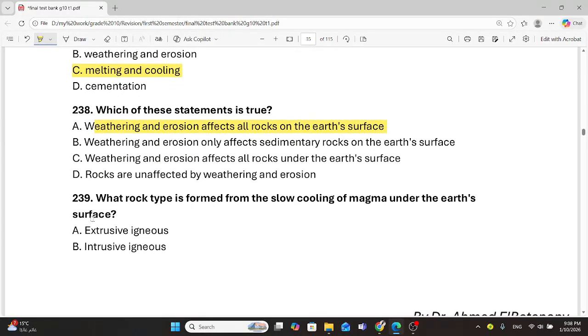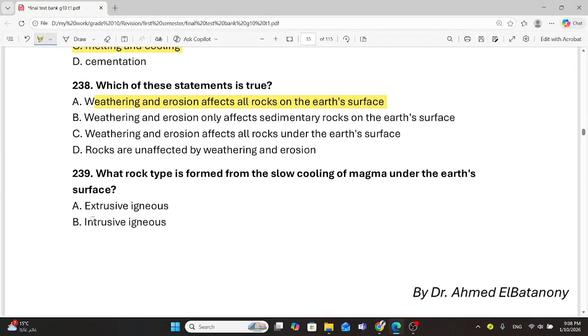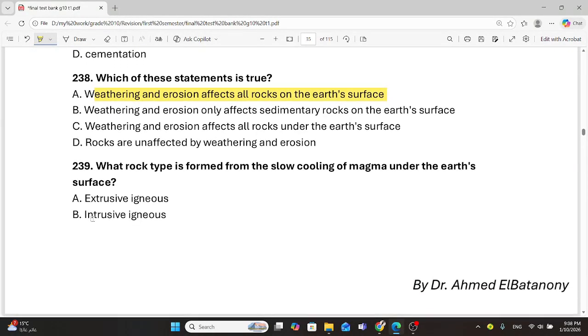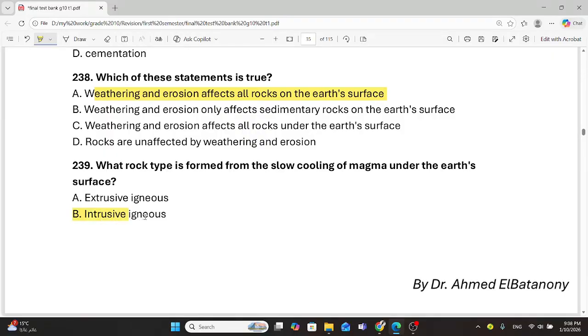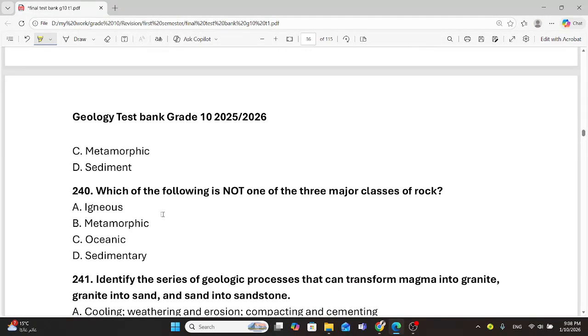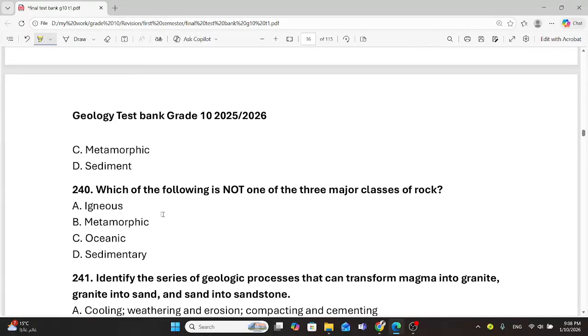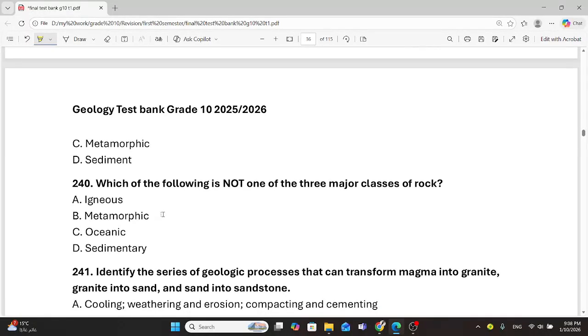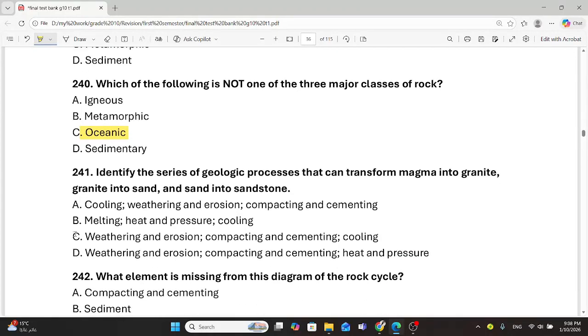What rock type is formed from the slow cooling of magma under the Earth's surface, the intrusive type? Which of the following isn't one of the three major classes of rock? Igneous, metamorphic, oceanic. طبعا هي الوحيدة اللي مش منهم.